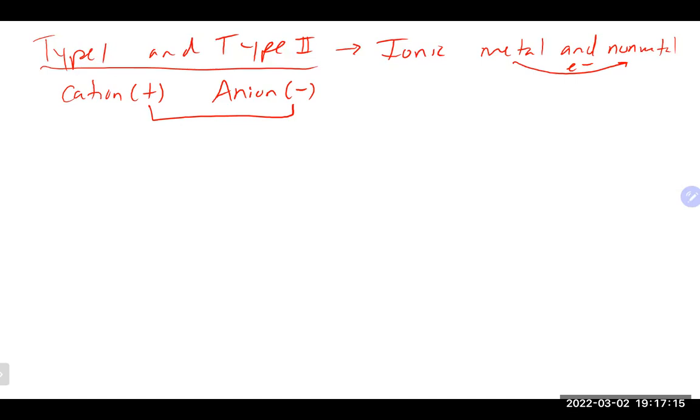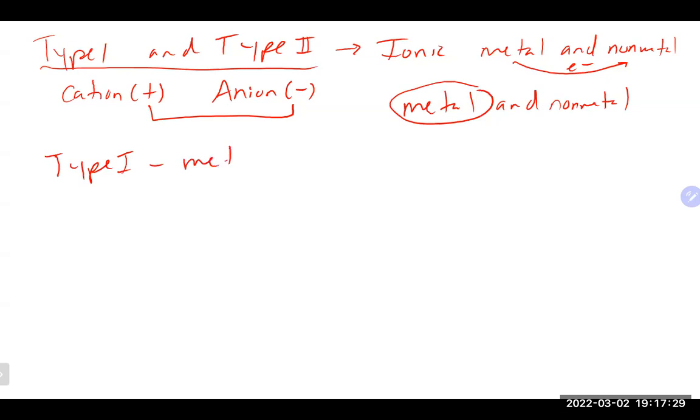And whenever you're naming anything that involves a metal and a non-metal, it is always the metal that's most important. If it is a type 1, it basically means that the metal has a fixed positive charge. And if you remember, those are pretty much our group 1, 2, and 3 on the periodic table.